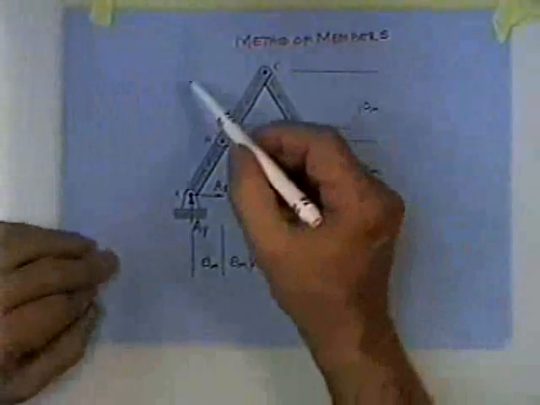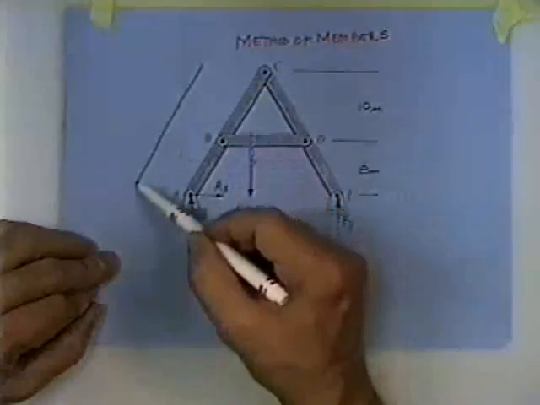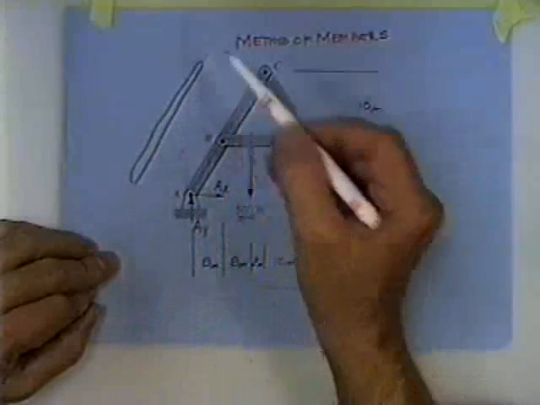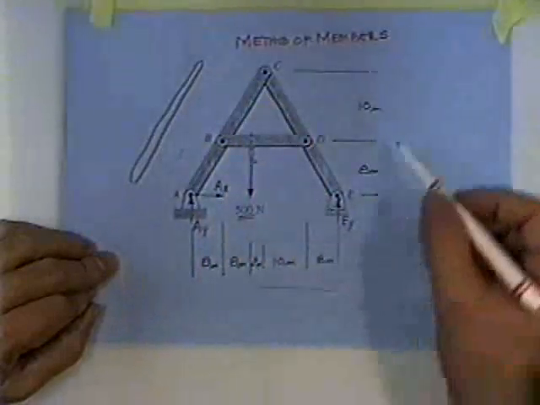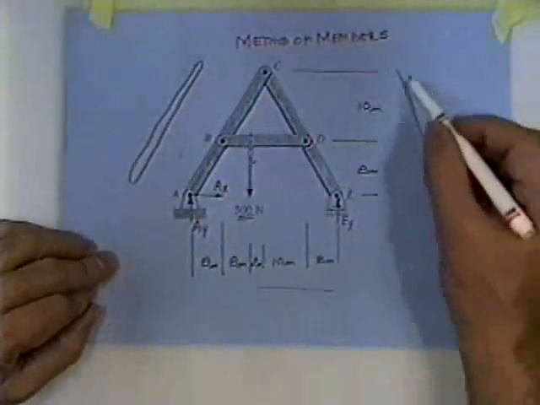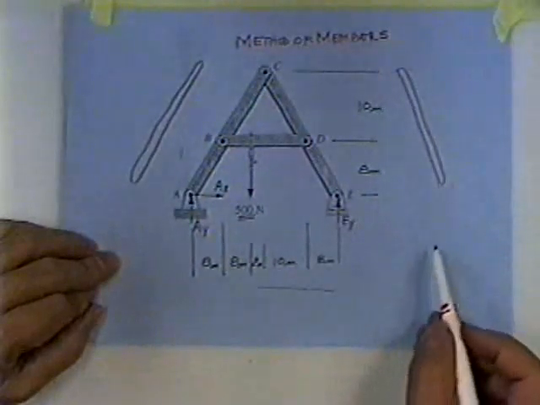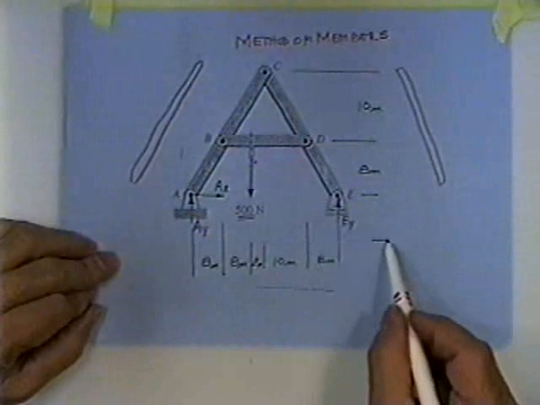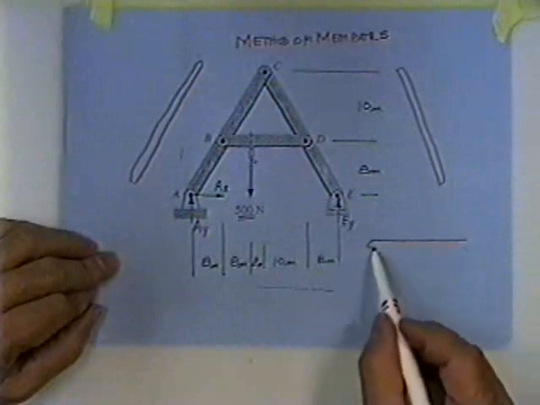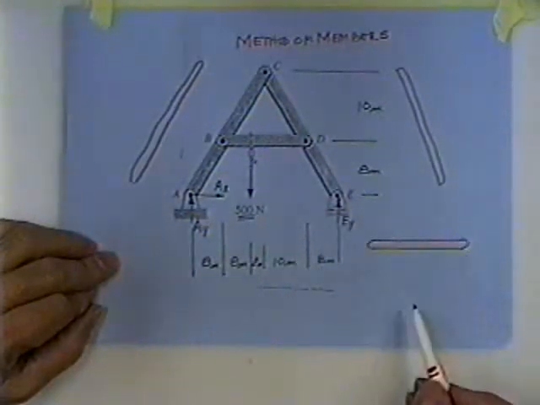So what I'm going to do is, on another piece of paper, draw you a free body of member AC. I'm going to draw you a free body of member CE, and then draw a free body of member BD.